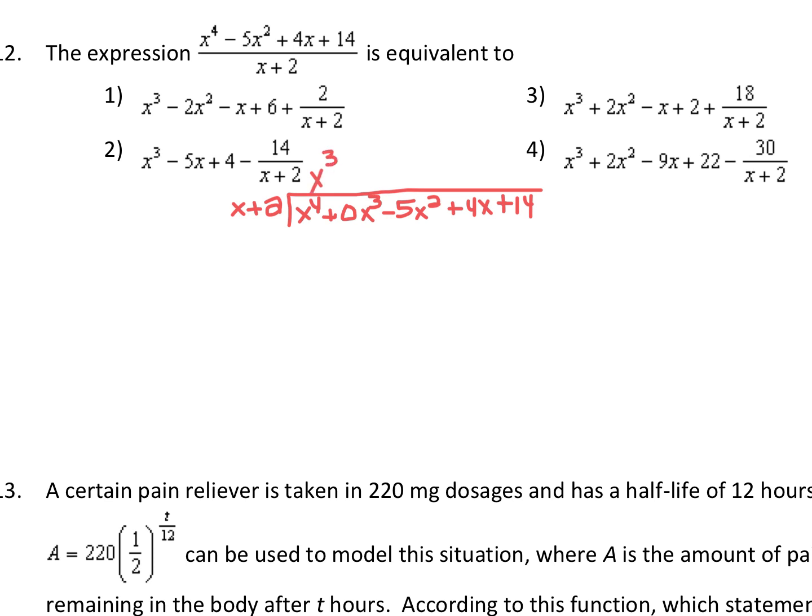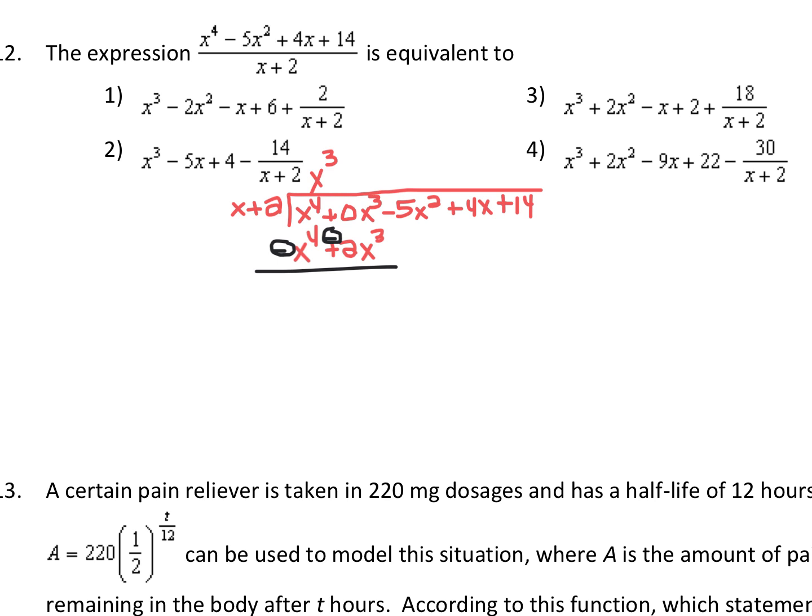And then when I distribute, x cubed times x is x to the 4th. And then x cubed times 2 is 2x cubed. Okay, now we know we have to subtract. So in order to do that, we change our sign and circle it. And we change this also to subtraction and circle it.